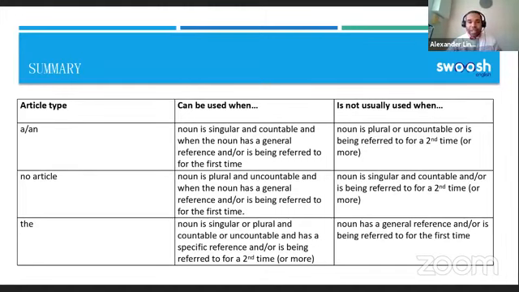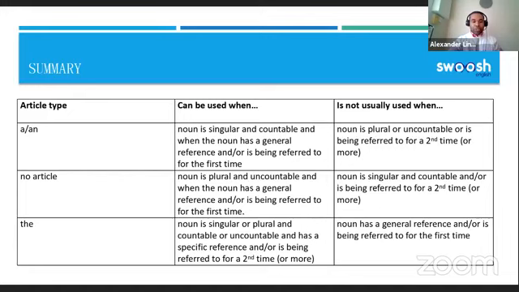So it doesn't matter whether it's countable or uncountable, singular or plural. The key is whether it is being referred to for the first time or the second time, and whether it has a specific reference. The only cases where we wouldn't use the would be if the noun has a general reference or it's being referred to for the first time. So again, going back to the examples: a staph infection versus the infection.